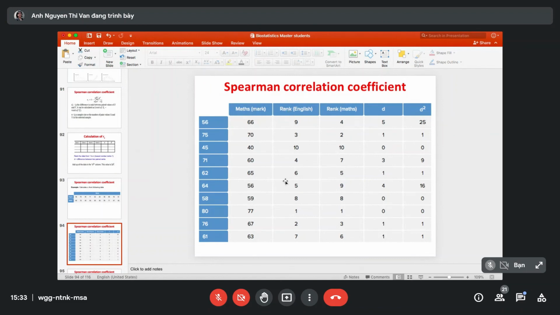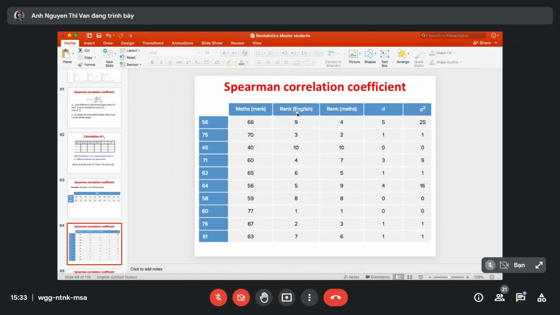You can rank from smallest to highest or highest to smallest, it's up to you, but we are familiar with ranking from smallest to highest. And you need to rank correctly all the values in the two variables.